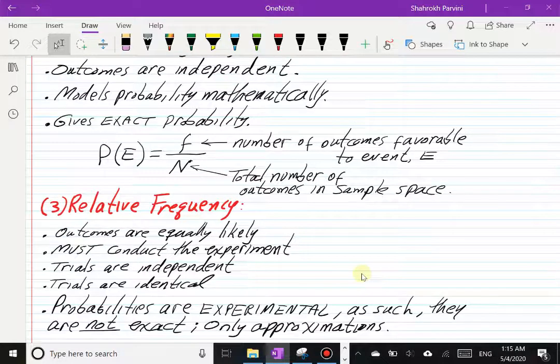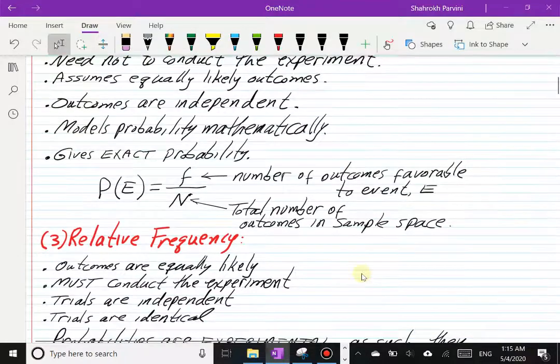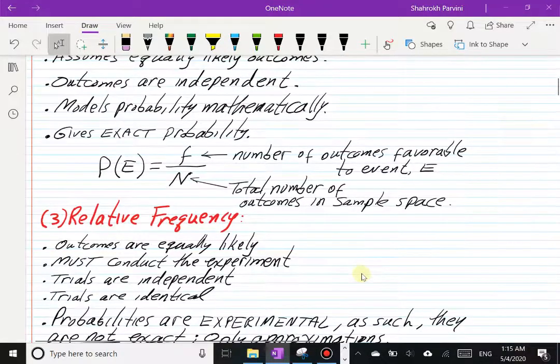These are what I call the signature of the relative frequency approach to probability. Part of it is the same as the classical approach, but in other ways it's different. For example, the fact that the outcomes are equally likely was the same as the classical definition. And by the way, the relative frequency approach is also an objective approach. It is not subjective.